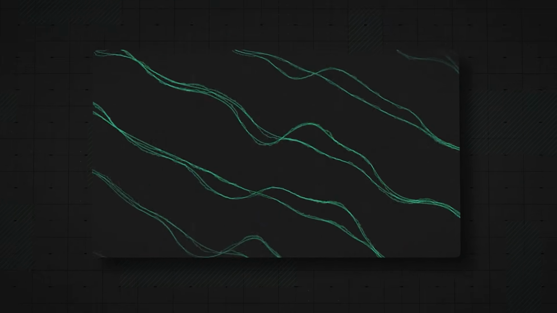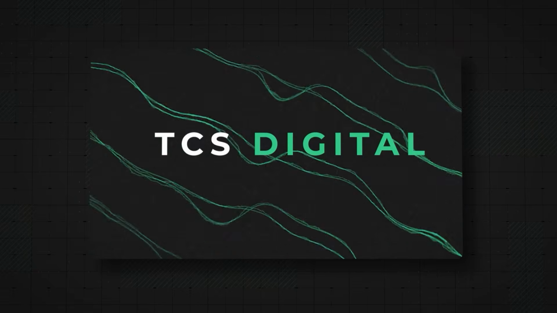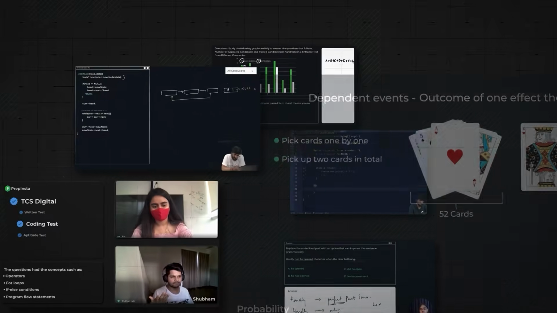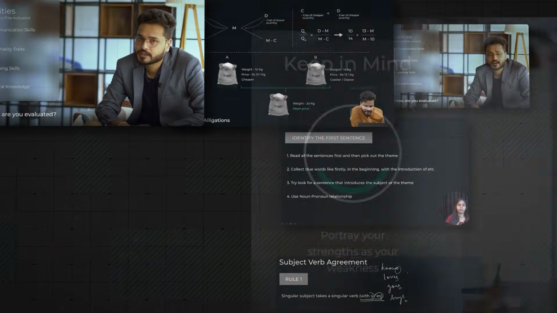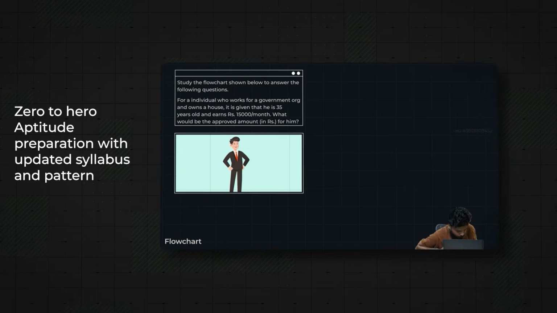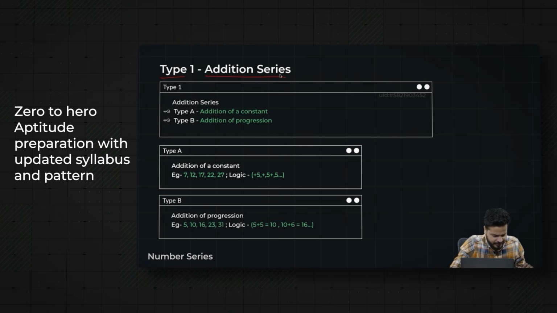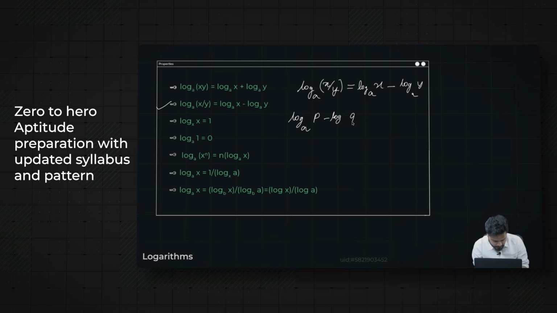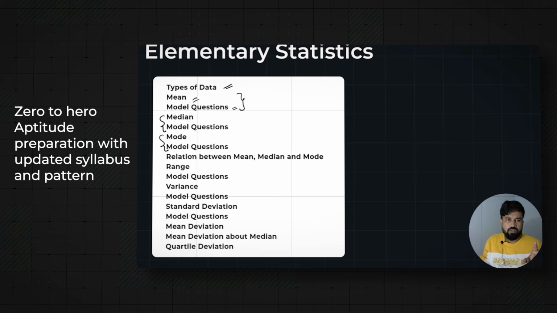We have a tailored course on how to crack any exam of TCS, be it the TCS NQT or the Ninja, Digital, or even the CodeVita. And the best thing is we cover each and every minor topic that could be asked, be it aptitude, reasoning, verbal or coding or data interpretation. We got it all covered. Talking about aptitude, we start with a basic topic such as number system, as well as we cover complex topics such as elementary statistics, which is a new addition to TCS and is very important, and even data interpretation.